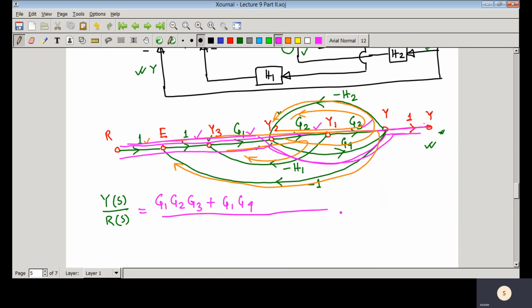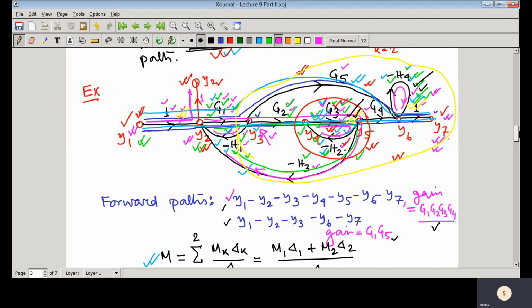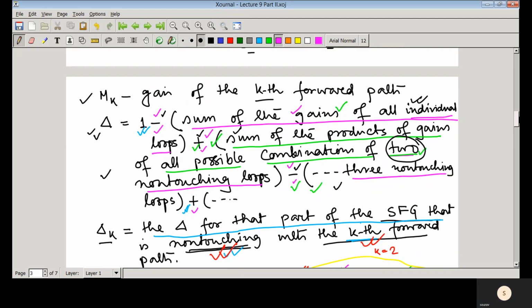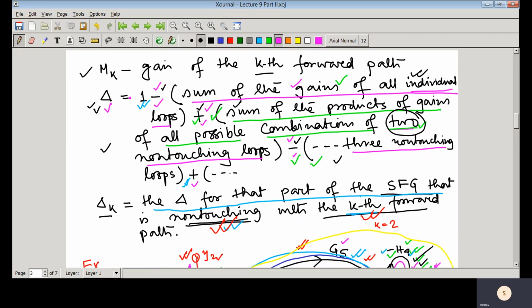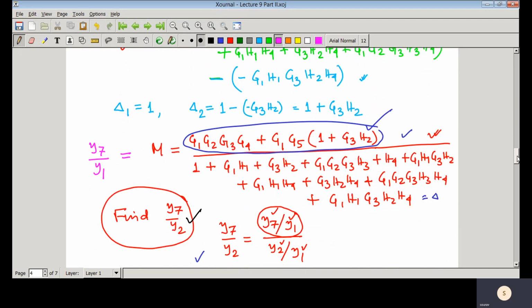In this case, delta 1 and delta 2 are 1 because there is no non-touching loop. Now, the Mason gain formula states that delta equals 1 minus the sum of all individual loop gains.